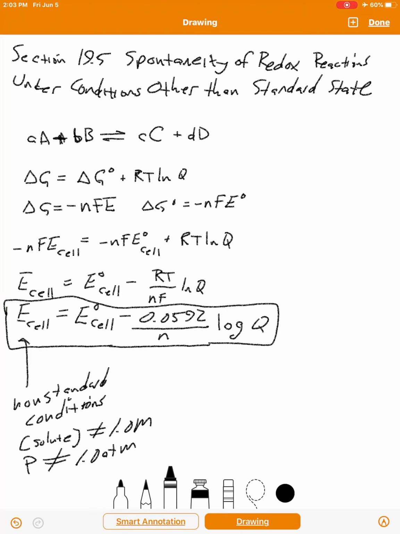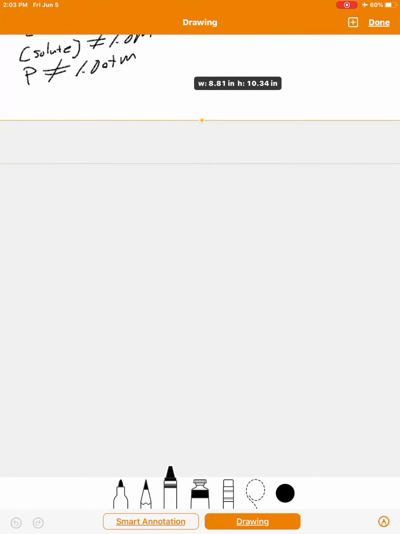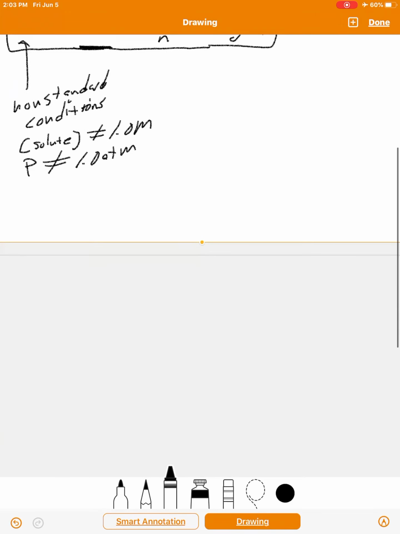We can calculate the cell potential under those conditions just by using this equation here: the standard cell potential minus 0.0592 over n times the log base 10 of Q. Okay? It's a useful equation.